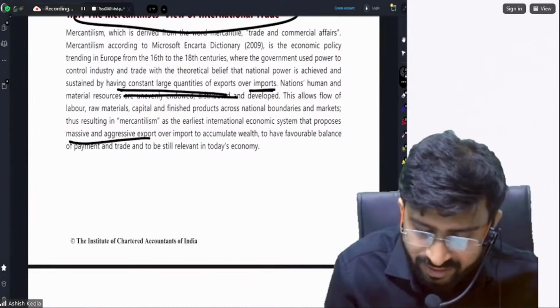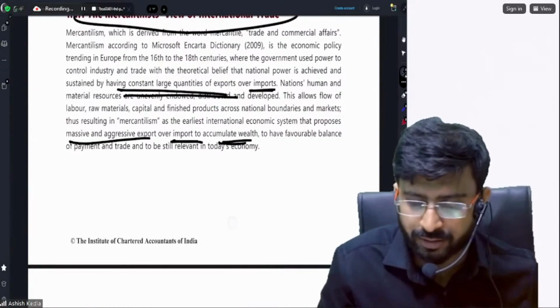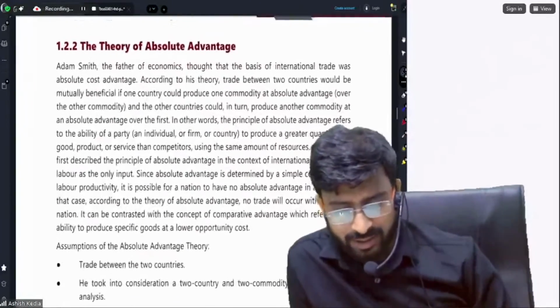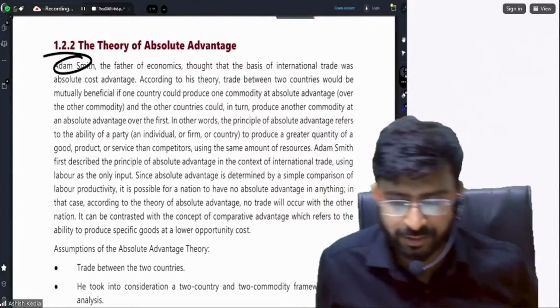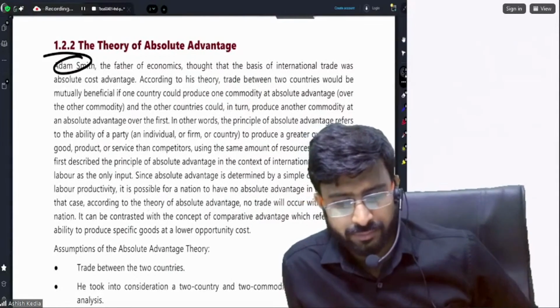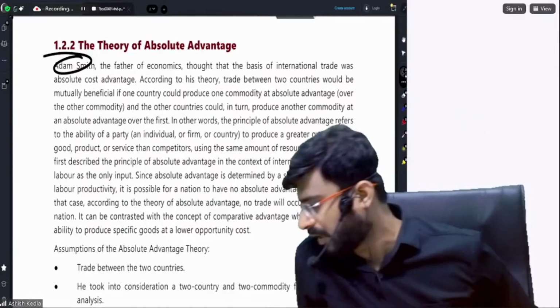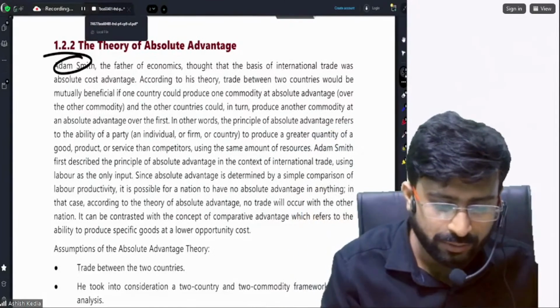It says massive and aggressive export over import to accumulate wealth. Next, theory of absolute advantage, as I told you, Adam Smith. Yes or no? So we are going as per ICAI material strictly. Okay, so let's write it down.